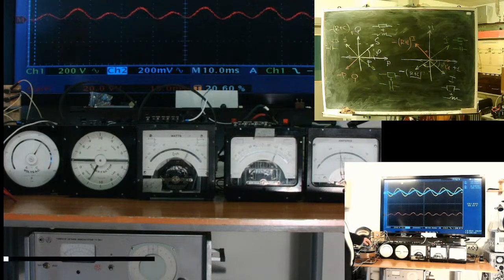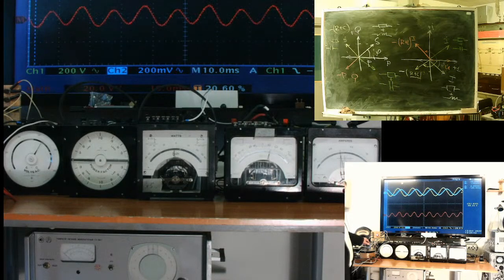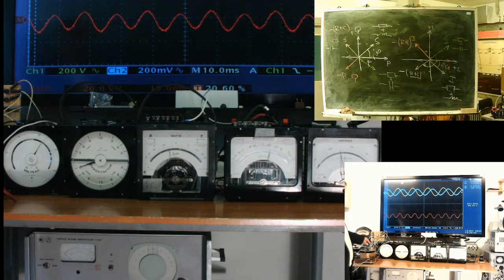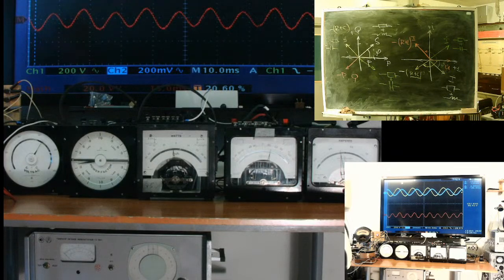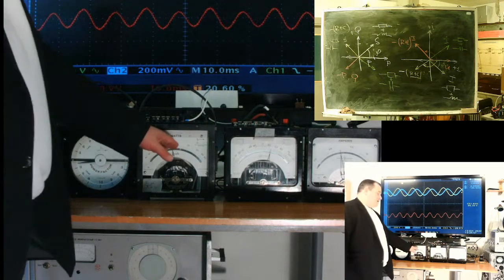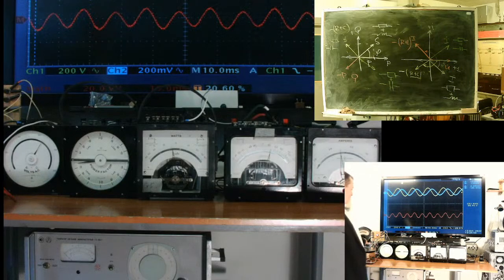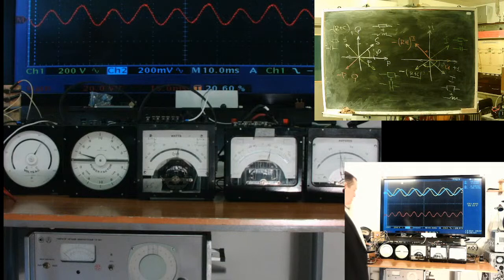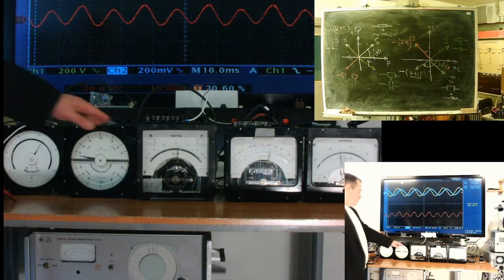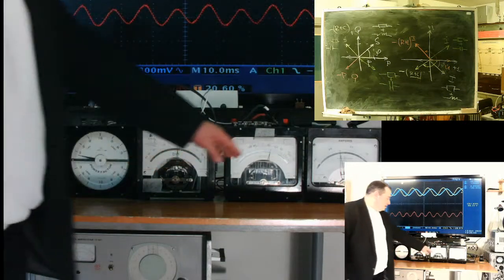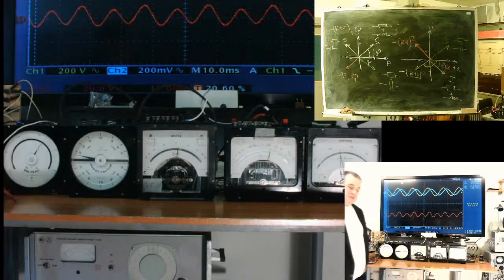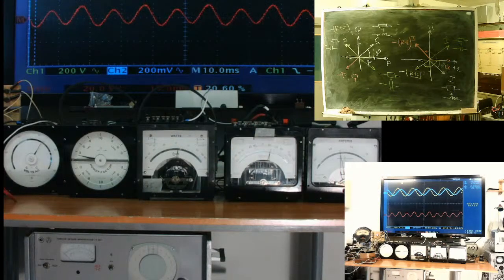Another one. This is also synchronous condenser regime. Very small active power, maybe even for a pure synchronous condenser it will be consumption of active power, and the machine absorbs reactive power from the network.